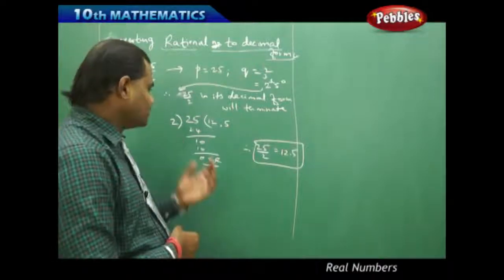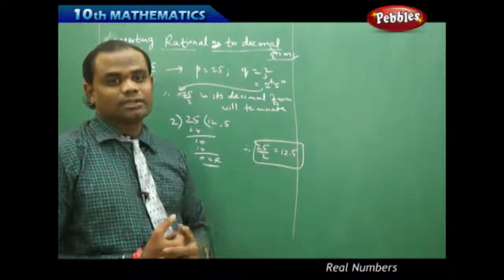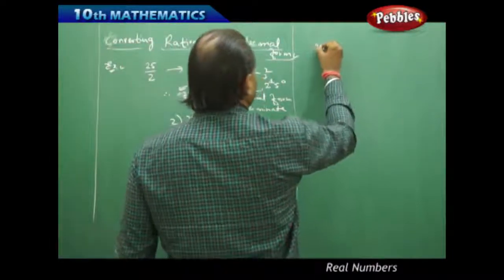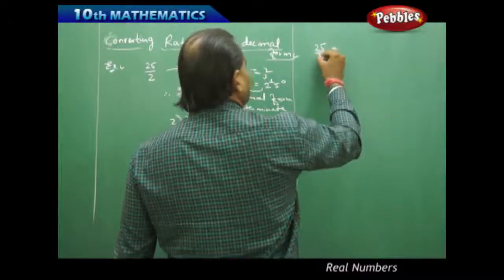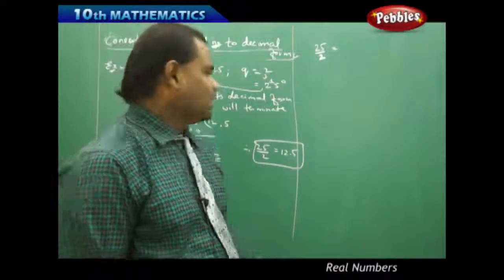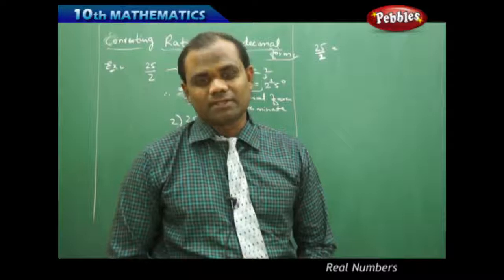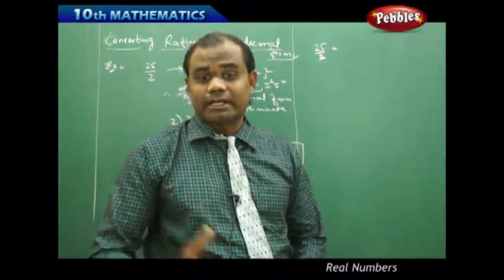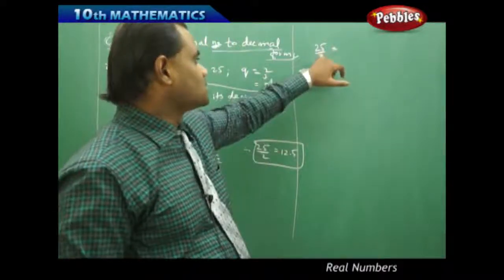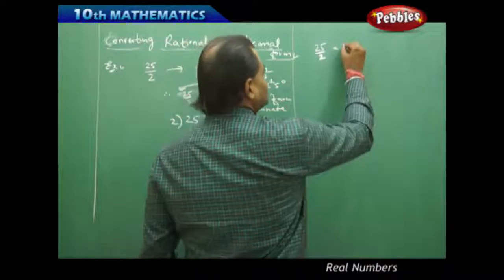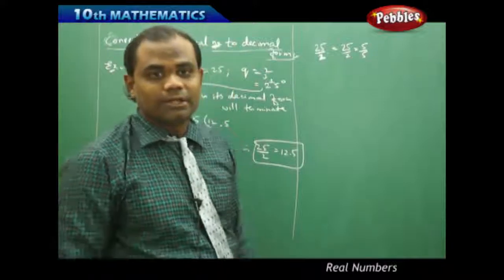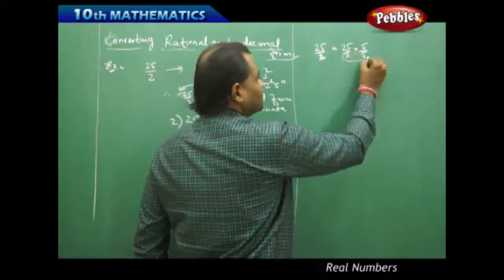There's another process through which I can find the same fraction converted to decimal. Let's see how I can do that. For example, I take the same problem, 25 over 2. Now, I always try to make the denominator 10. When you have the denominator as products of 2s and 5s, then making the denominator 10 is the most urgent need in those problems. So when I take 25 over 2, I can write this as 25 over 2 multiplied with 5 over 5. The reason is that when I multiply 2 with 5 in the denominator, I get 10.